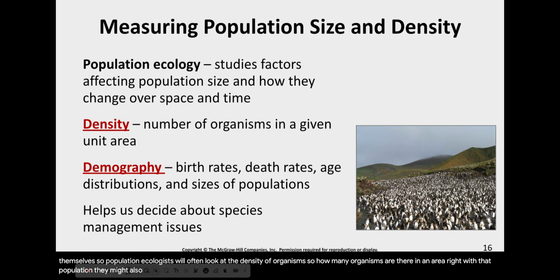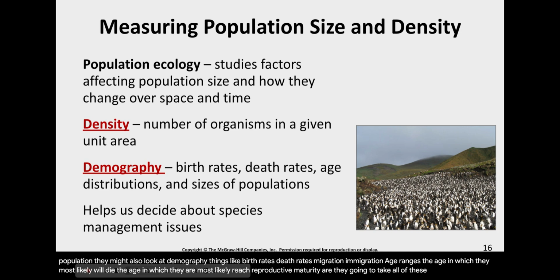They might also look at demography, things like birth rates, death rates, migration, immigration, size, age ranges, the age at which they most likely will die, the age at which they most likely reach reproductive maturity. They're going to take all of these types of measures.